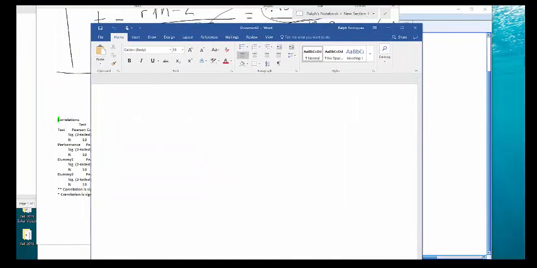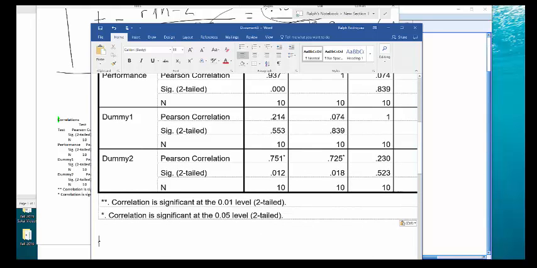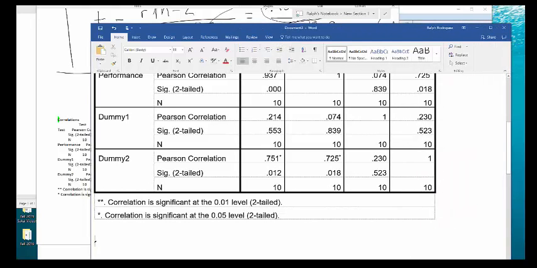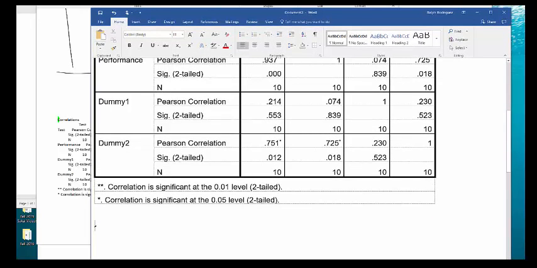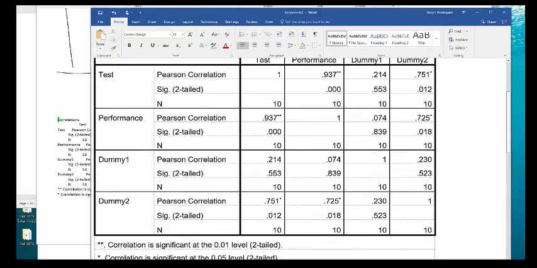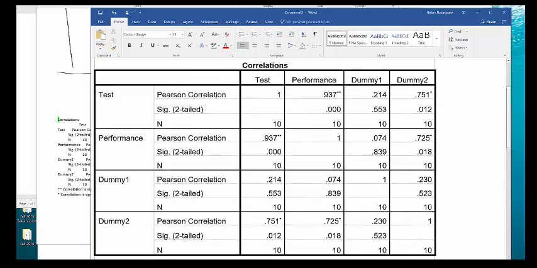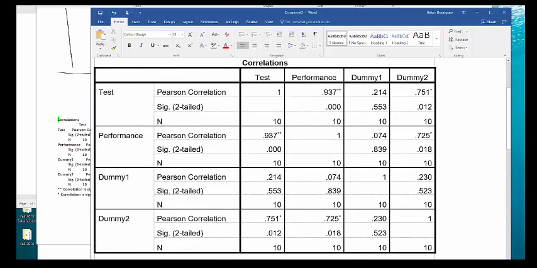Okay, so I just clipped that file, and here it is.